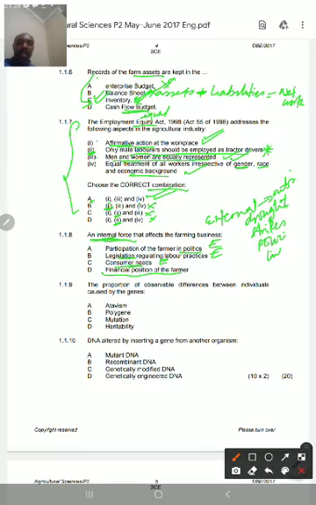But this one, D, is the correct answer, because at least a farmer does have control over his money. How he spends, how he keeps the money, how he makes his money. The proportion of observable differences between individuals caused by genes, proportion like a degree or percent of these phenotypes.